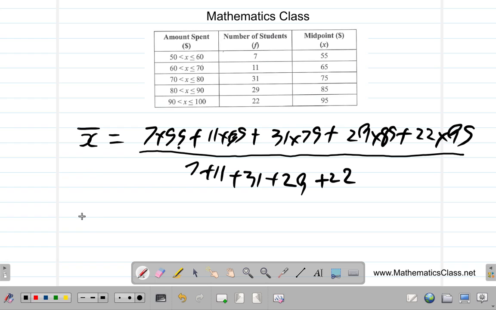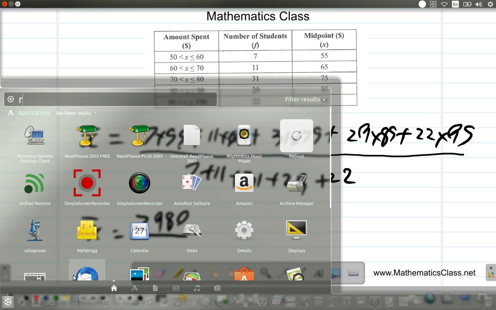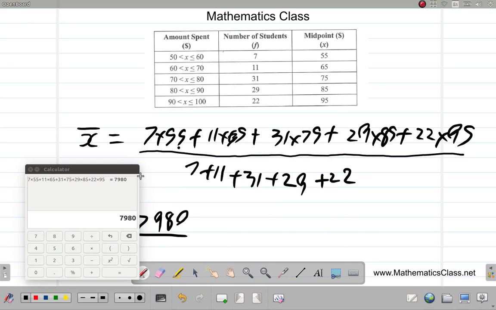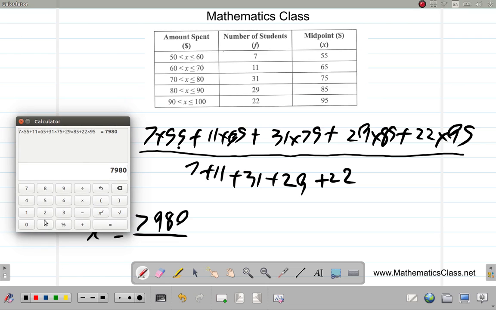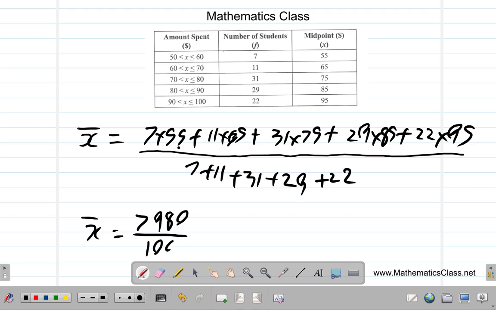So x bar is 7980 divided by, it's supposed to give you 100. If it doesn't give 100, then you made a mistake. So 7 plus 11 plus 31 plus 29 plus 22 equals 100.